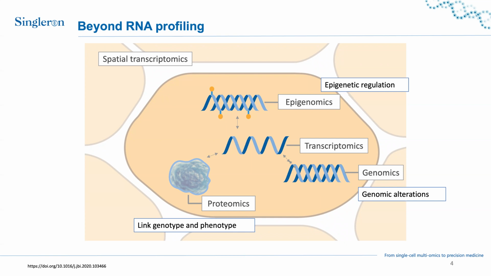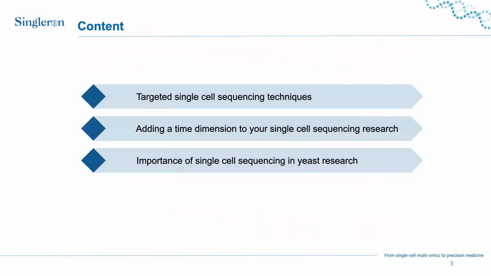So these are just some examples. There are many more possibilities, and today I will focus on 3 unique kit solutions and how they could help you in your research.